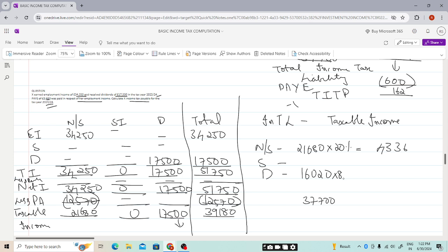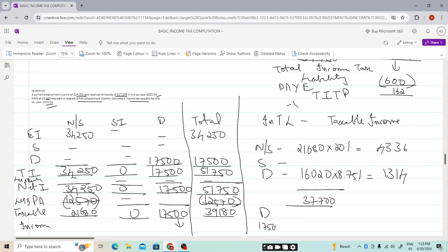So this will be taxed at 8.75 percent. The total tax liability for 16,020 will be 1,314.